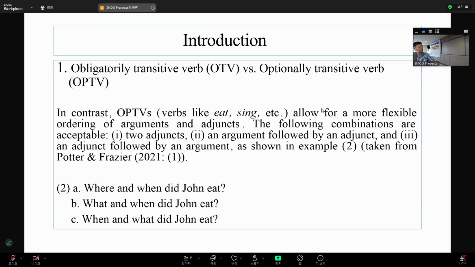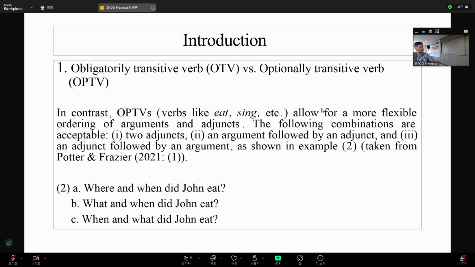First, a Wh adjunct and a Wh adjunct are coordinated. Second, an argument followed by an adjunct. Third, an adjunct Wh-phrase followed by an argument Wh-phrase, as shown in example number 2.